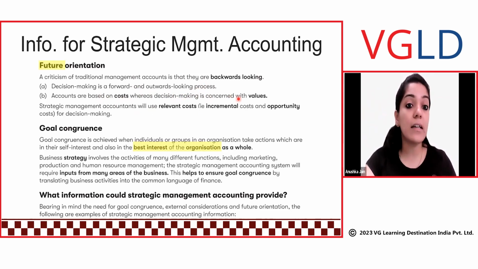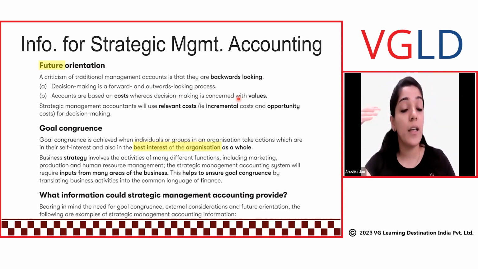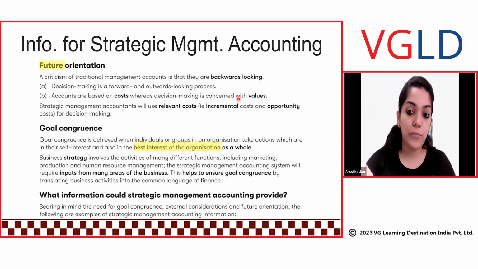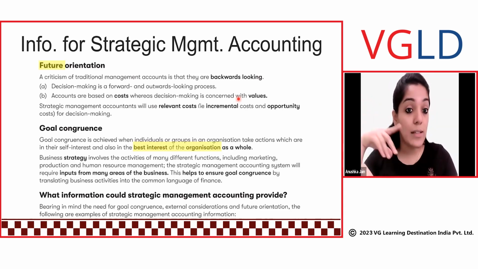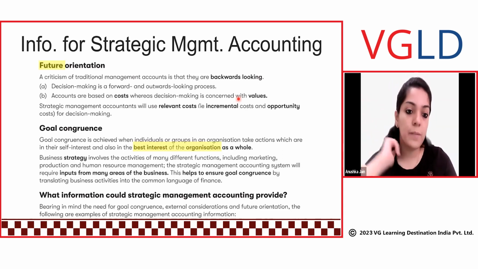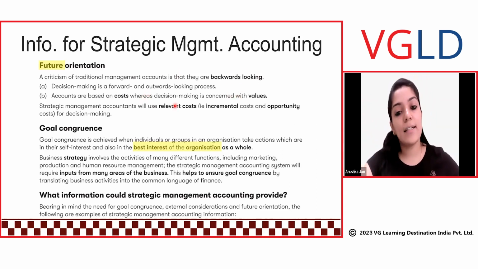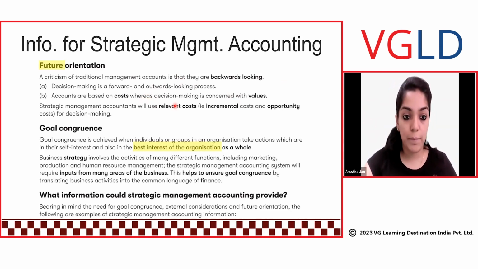Let us say you are getting customers worth 10 crores. By spending 5 crores, you're getting customers who are spending on your platform up to 10 crores. So as a strategic accountant, you will see the value which this expenditure is bringing, right? So accounts are based on costs, whereas decision making is concerned with values.